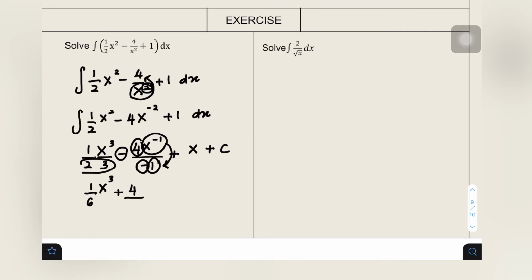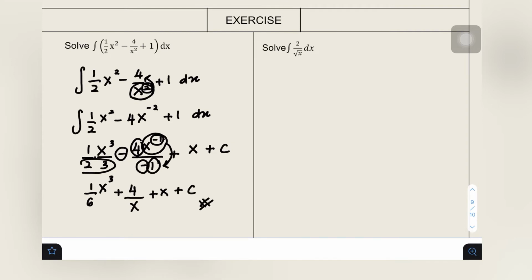So when we change back the position from the negative power, it will be positive 1. Because the power is 1, we are not writing 1 there. But if you write 1, it is not a mistake, it's not wrong. Usually in our practice, if the coefficient is 1, we are not writing the 1. Okay, so we have plus x plus c. So this one is the answer.